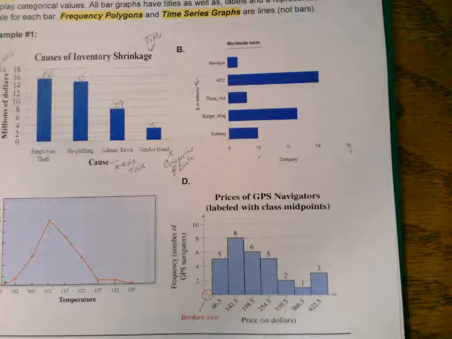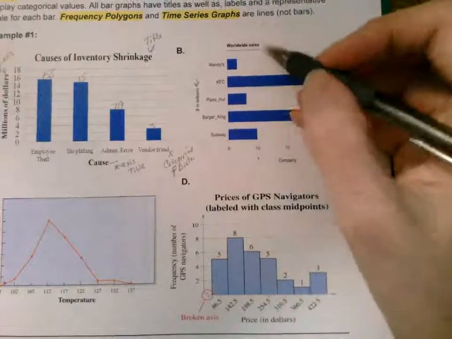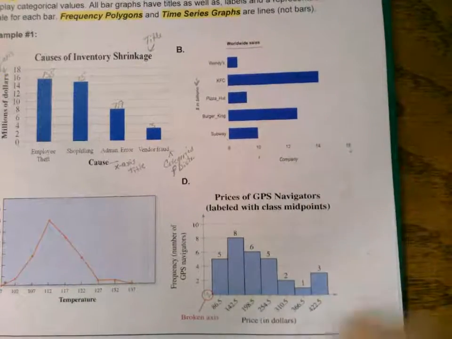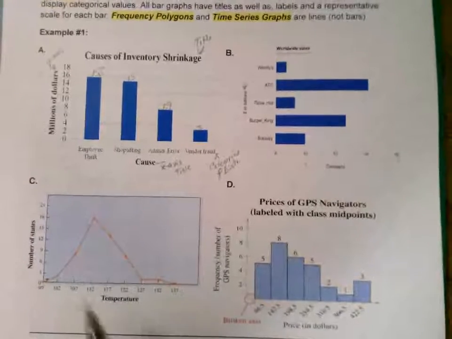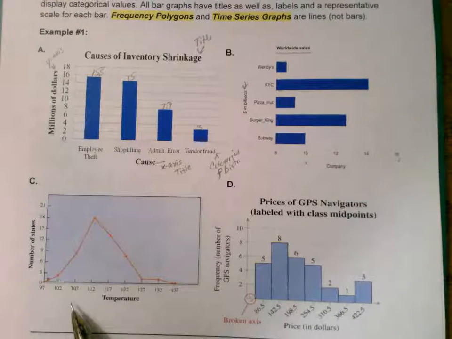So I don't know why there's no McDonald's on there, but it does have axis labels, it does have a title, and it does have scale where necessary. Okay, so you get what's going on there. This one is missing its title. I must have chopped it off, but let's see if we can make one up.